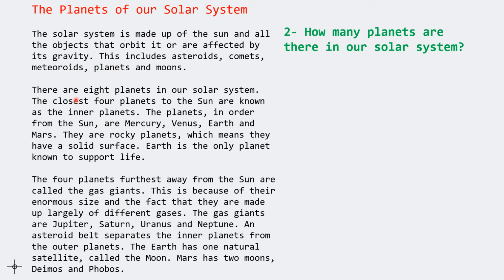We move to paragraph 2. Here there are 8 planets in our solar system, and we have to stop at the full stop. Here is the answer for question 2, and let's move to our next question.